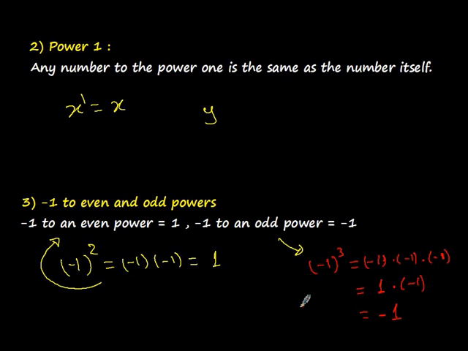It will be negative 1. Negative 1 raised to any even number, the result will be 1. So negative 1, for example, to the power 150, simply equals 1. Similarly, if you have negative 1 raised to any odd power, for example 159, the result will be negative 1 without doing any operation.